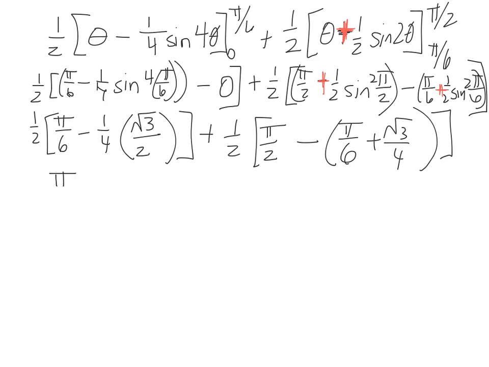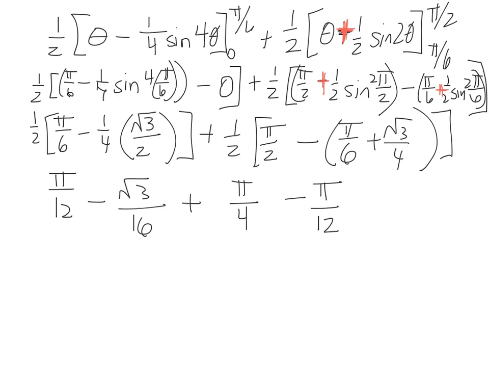So this is going to be pi over 12 minus square root of 3 over, it's going to be 4 times 2 times 2 again, so that's 16, plus, this will be pi over 4 minus, the 1/2 distributes here also, and the negative distributes, so it's going to be pi over 12 minus square root of 3 over 8.